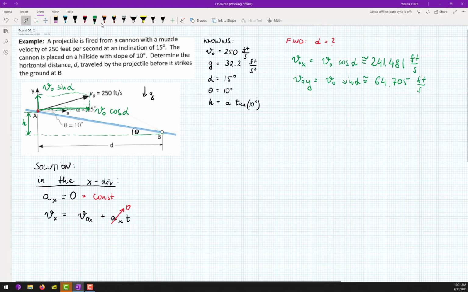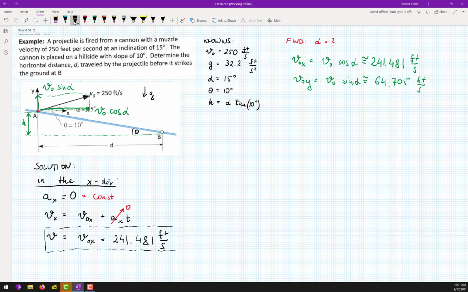So our Vx is basically V0x, which is constant, 241.481 feet per second. Okay, we're done with velocity. This is our expression for velocity.